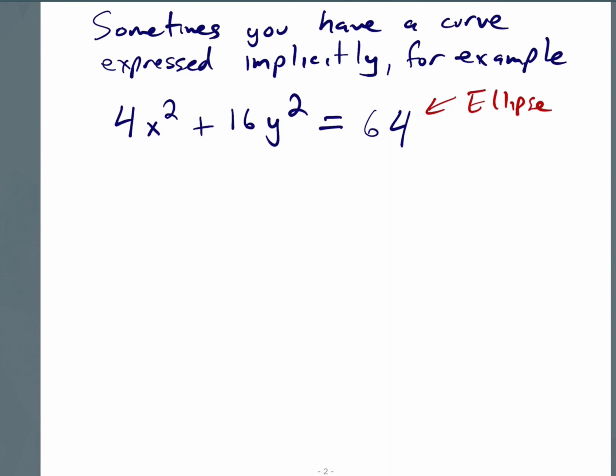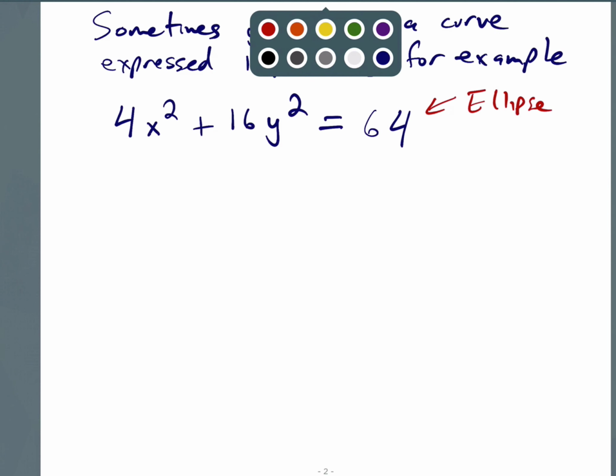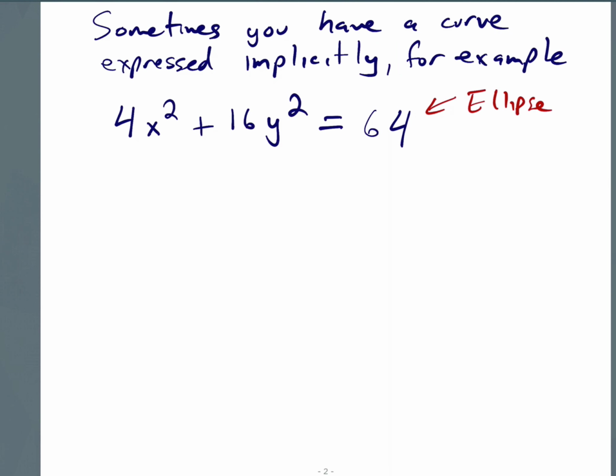Do you remember how to put this in standard form, just for fun? You divide by 64. Then you get x squared over 16 plus y squared over 4 equals 1. So this is an ellipse.